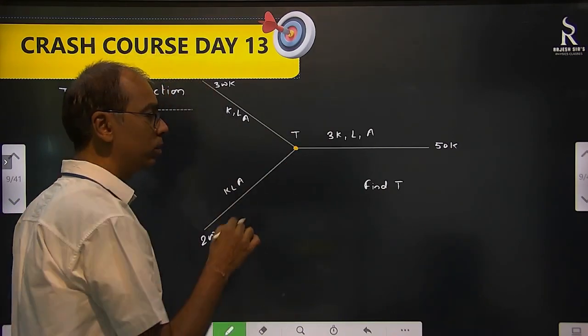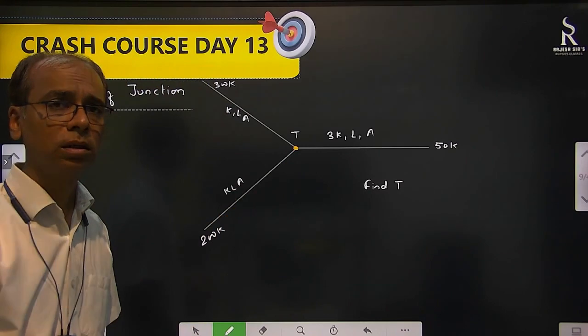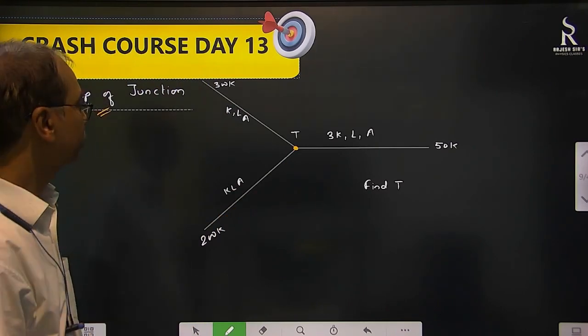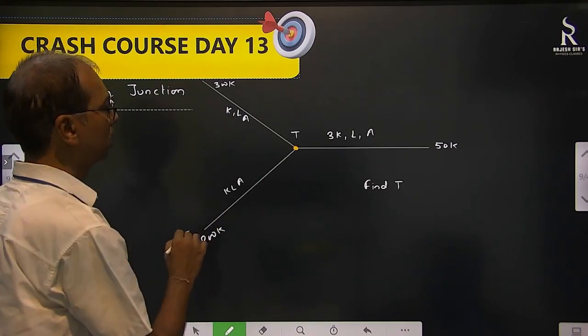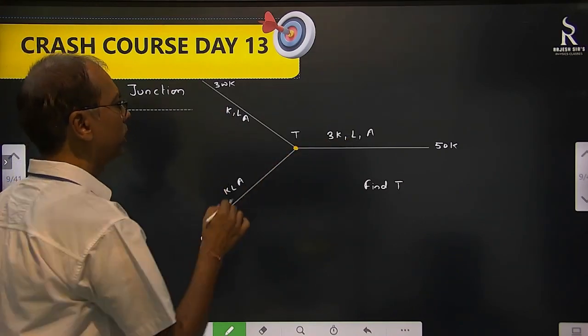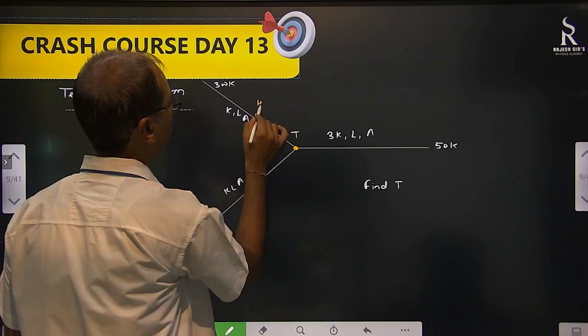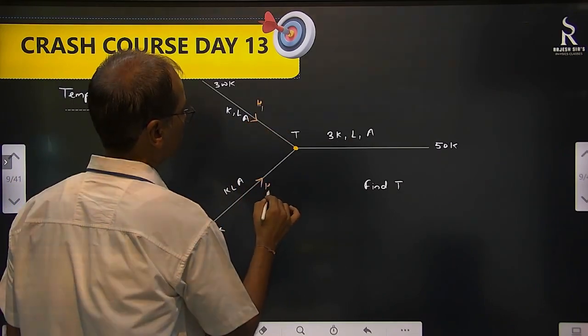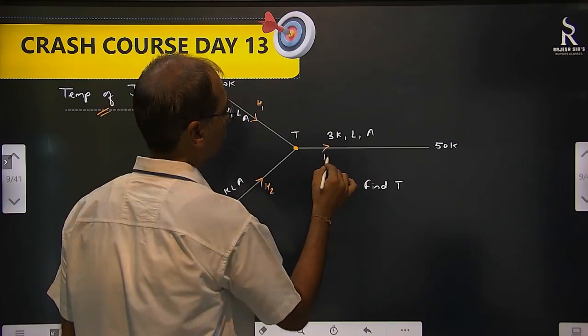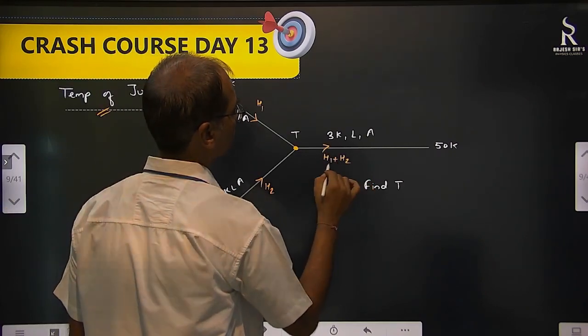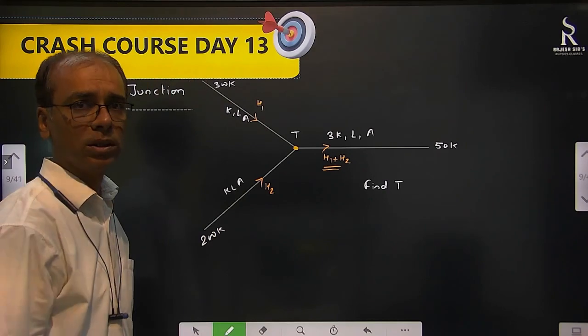So current coming towards it will be equal to current outgoing from it. This is 300 Kelvin, this is 200 Kelvin, that is 50 Kelvin. So from here H1 current is coming, from here H2 is coming, and here H1 plus H2 is going. This is what we can say.